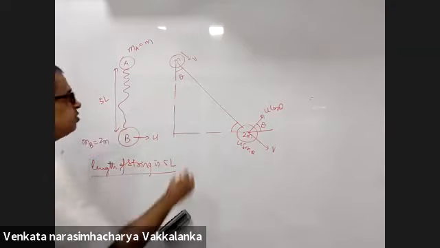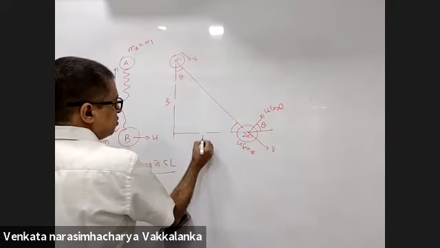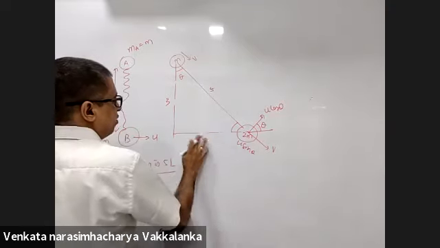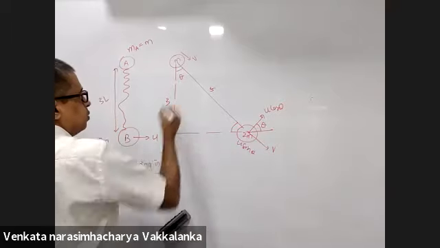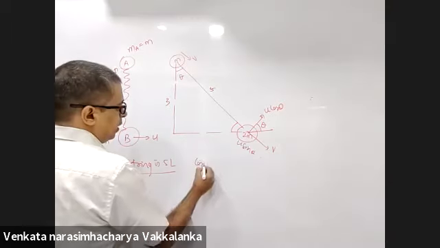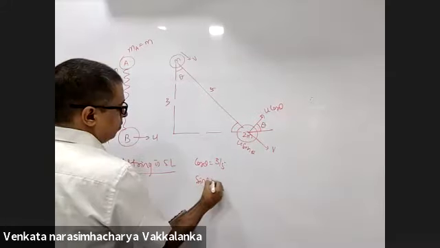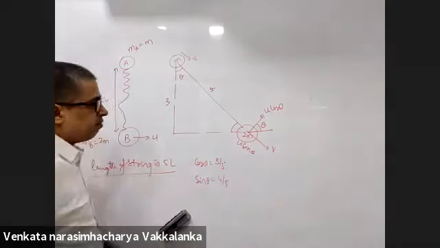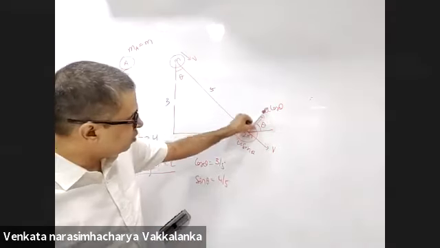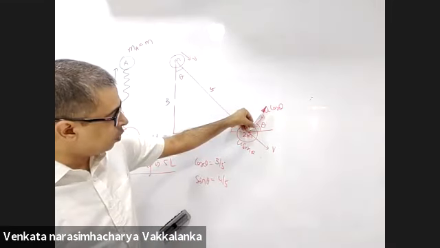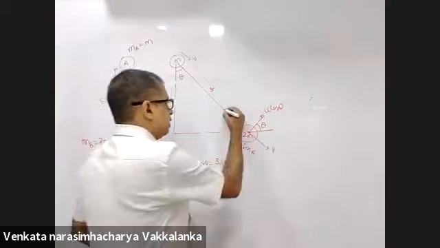If you have taken this as theta, no big deal. This is 3, this is 5. So cos theta will be 3 by 5. Sin theta will be 4 by 5. This u is the velocity just before the string became taut.